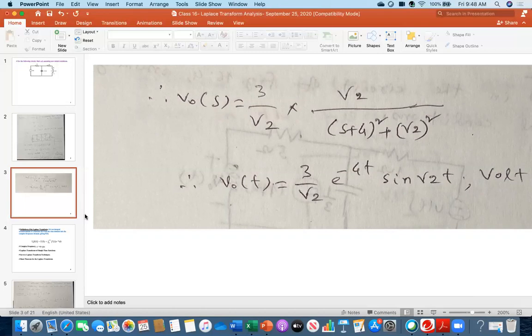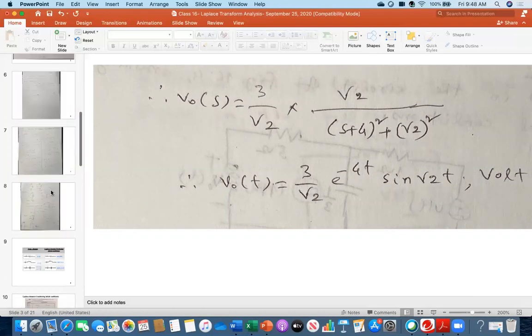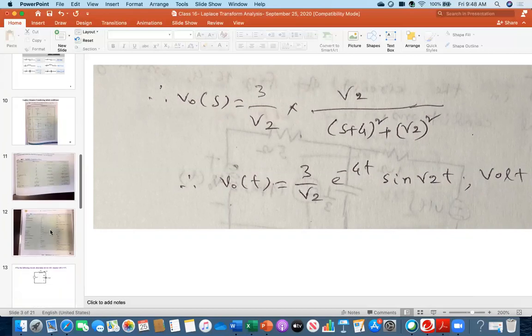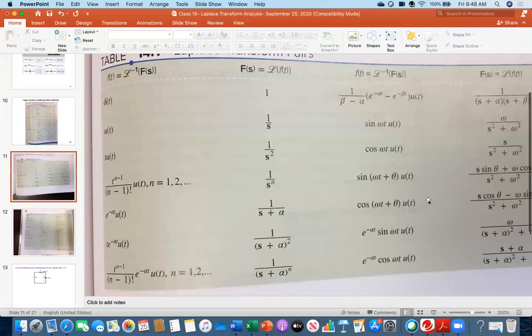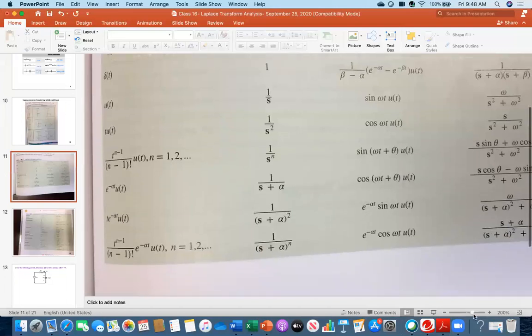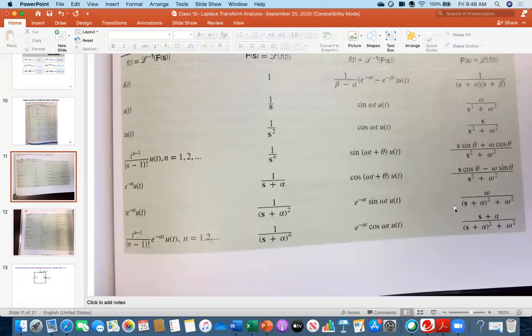So how did I get that one? That thing I was telling you, that you have to look at that table. Everybody see this thing? Look at this format. This is your Laplace, like omega over, here you see omega, then here it is omega square, and it is S plus alpha square.